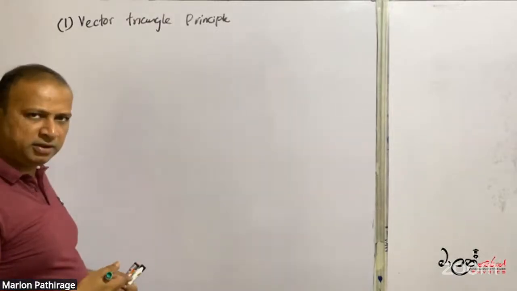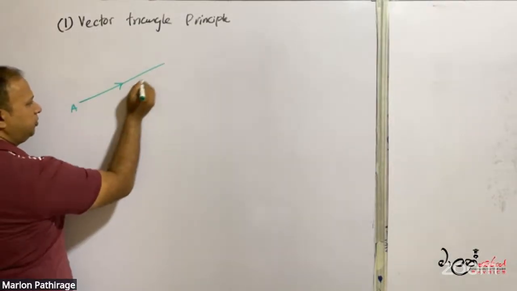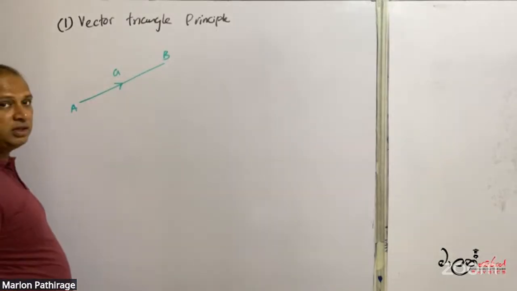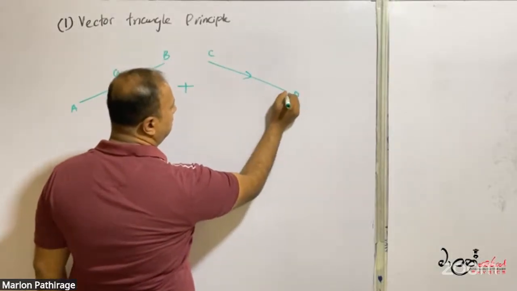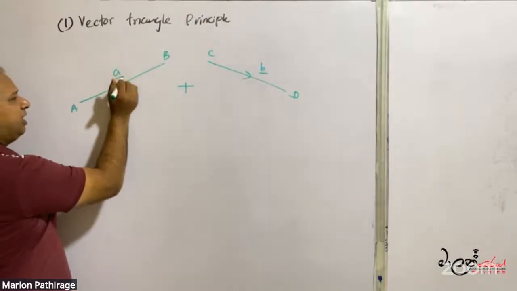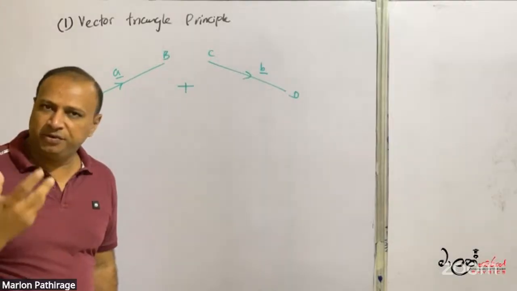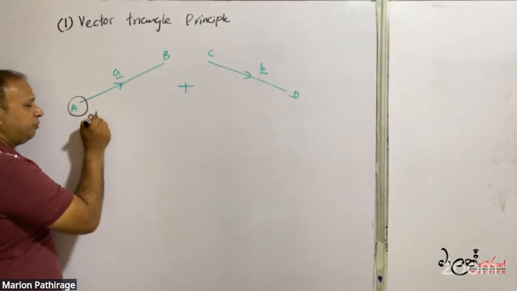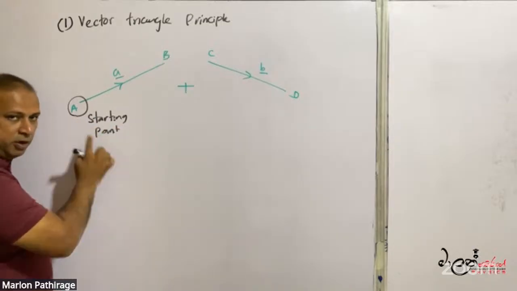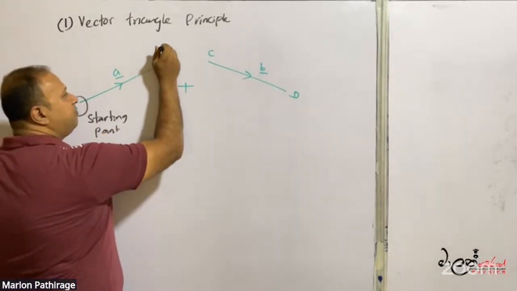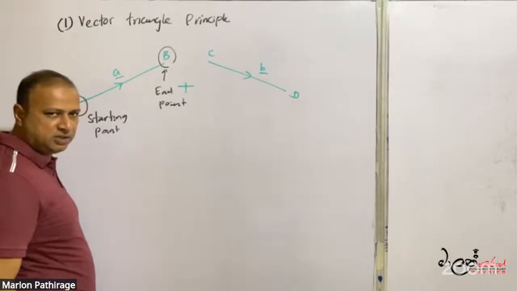If you are given two vectors to be added, suppose this is vector A and suppose this is vector B. Now you know, according to the geometrical representation, this is the starting point of the first vector, and this is the end point of the first vector.